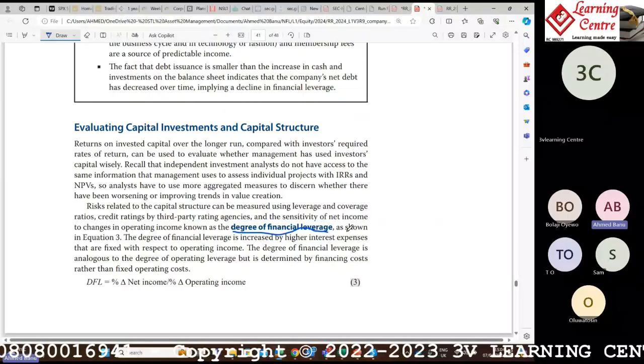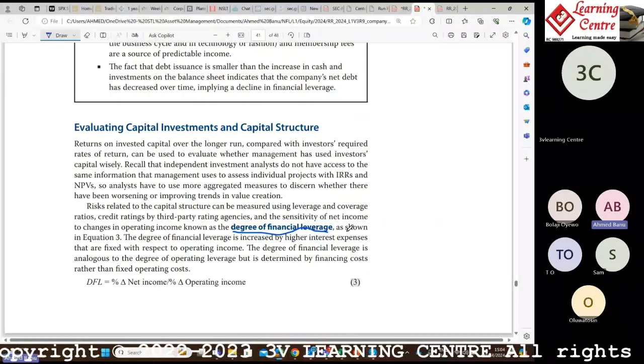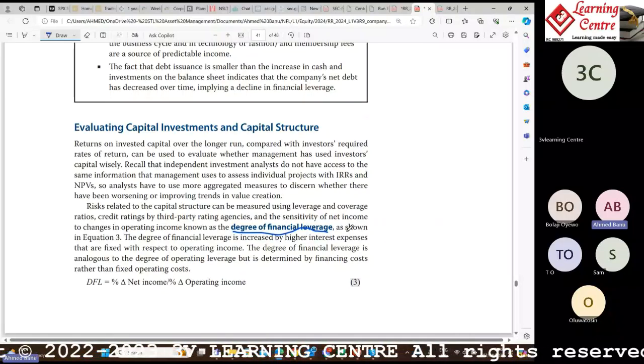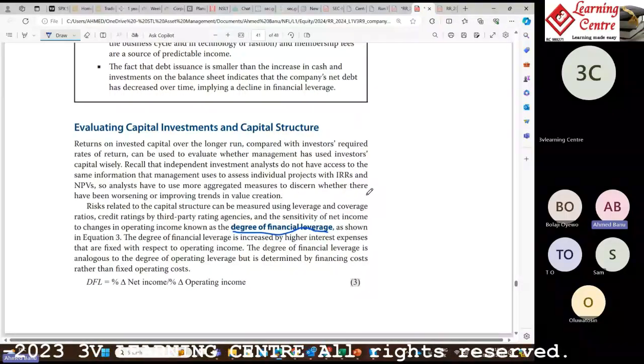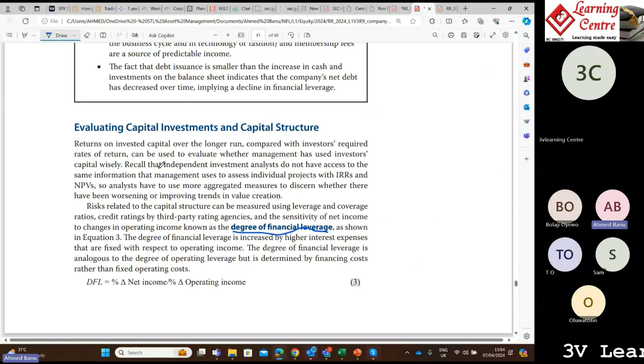Credit rating by third-party rating agencies and the sensitivity of net income to changes in operating income, known as degree of financial leverage. As shown in equation 3, the degree of financial leverage is increased by higher interest expenses that are fixed with respect to operating income. The degree of financial leverage is analogous to the degree of operating leverage, but is determined by financing costs rather than fixed operating costs.